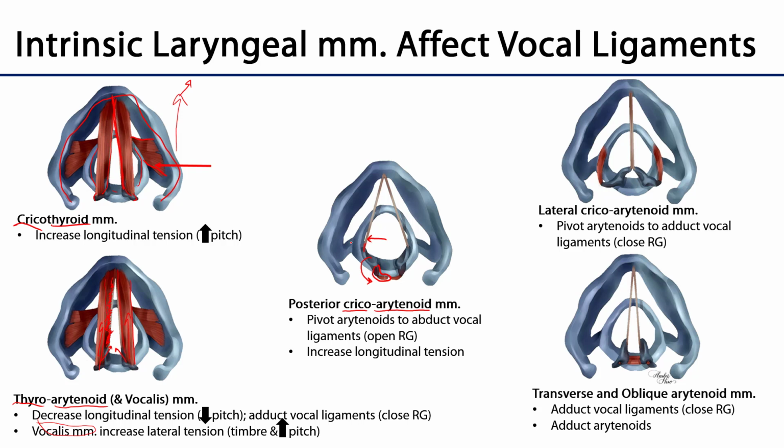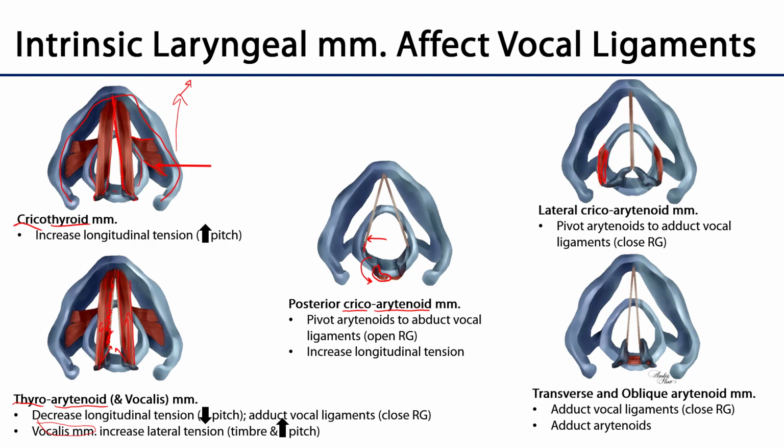These are important muscles because they are the only muscles within the larynx that can increase the patency of the airway. The other set of cricoarytenoid muscles are the lateral cricoarytenoid muscles, and these, as you may guess, laterally attach the cricoid cartilage to the muscular process of the arytenoid cartilage.